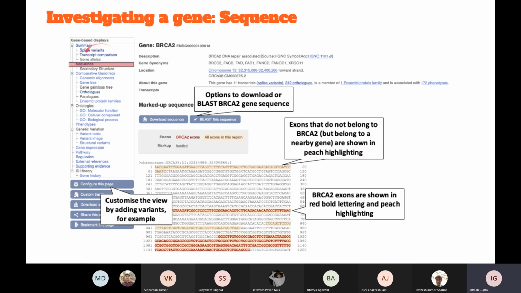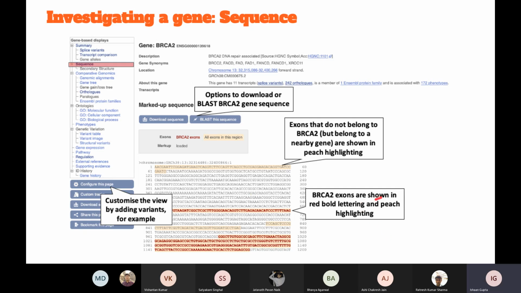Now, let us say you go on the left side and click on sequence. When you click on sequence, you actually get the sequence of BRCA2. You can download this sequence as it is. This sequence is highlighted to have exons in a specific color. All the exonic regions are shown here. The regions which are not highlighted are introns, so they will be specifically removed.